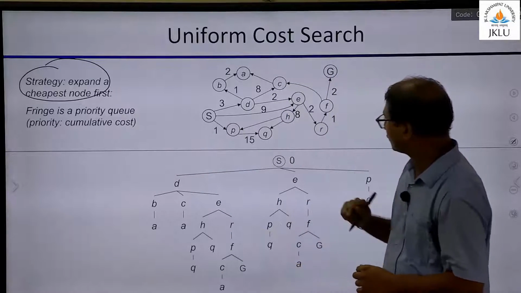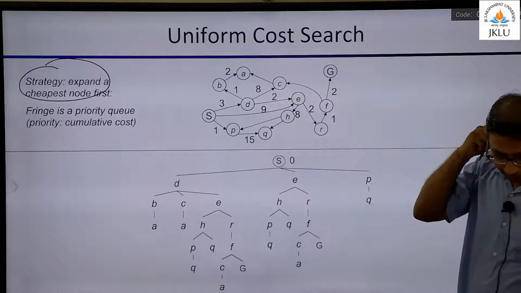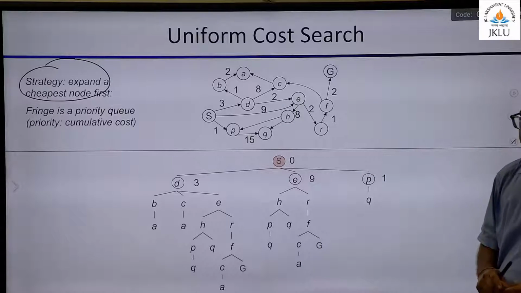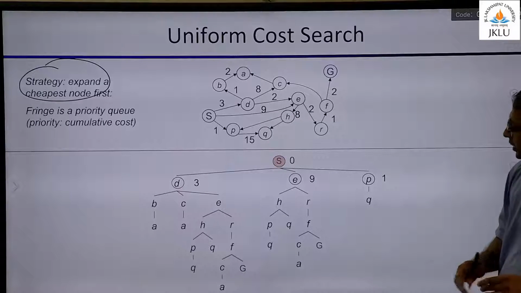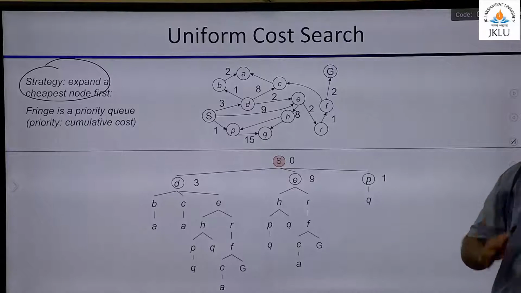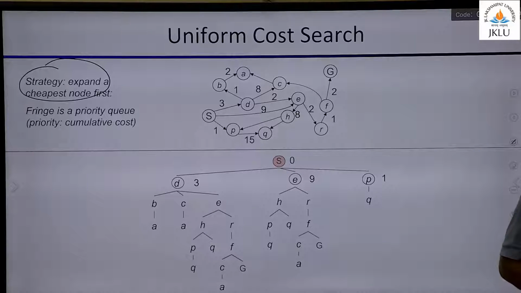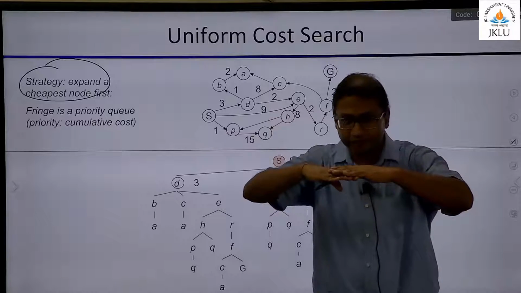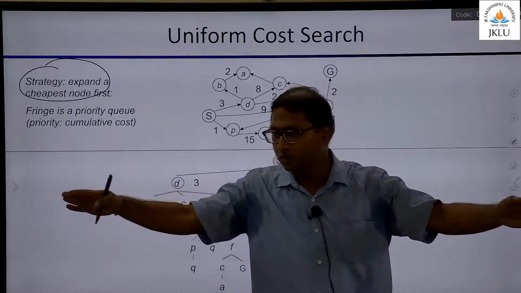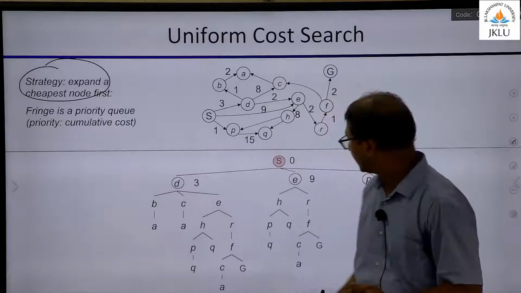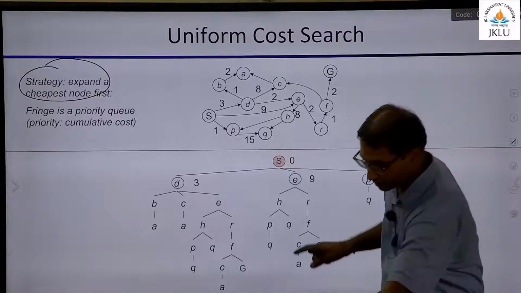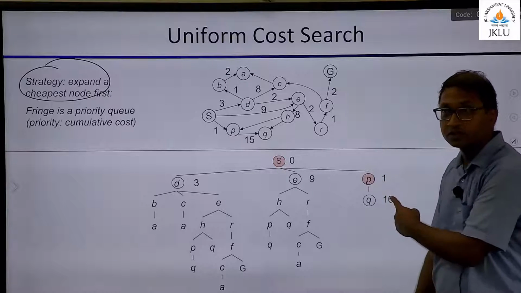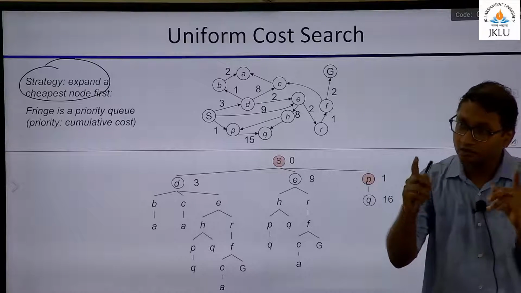All right. So how do we start? S is in. No, you tell me what will happen. Try once, maybe 30 seconds. See, cheapest node means, for BFS everything was equally cheap or equally expensive. In this case, we start with the root. We expand P because the cost is 1.